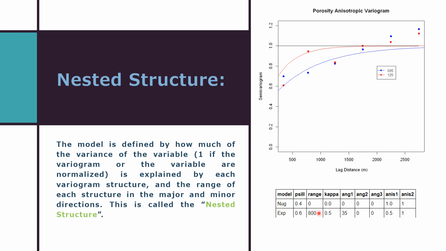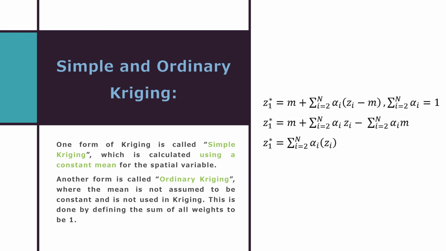For instance, if the range is 800, it is bound to be less in the minor direction. An anisotropy of 0.5 makes that 400 meters. A different ratio here would change that range. So that's a measure of saying we are seeing twice as much continuity in the major direction of anisotropy compared to the minor direction.